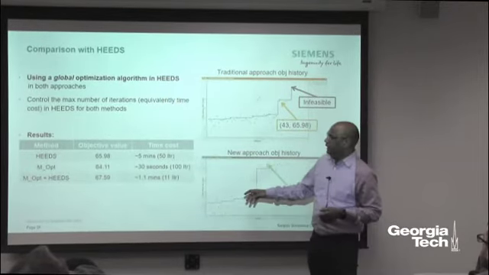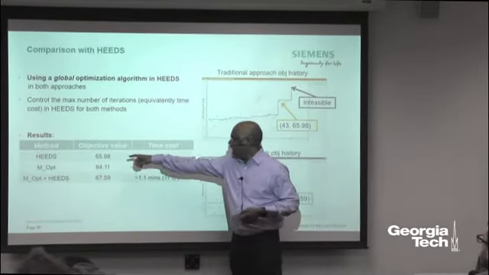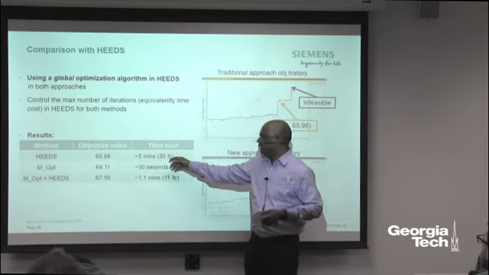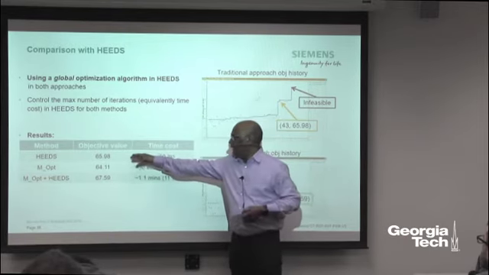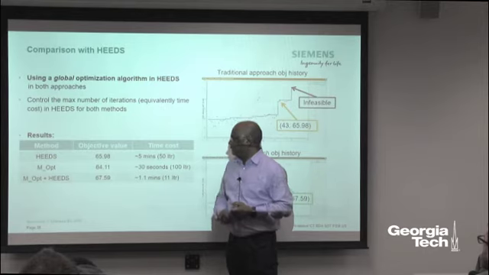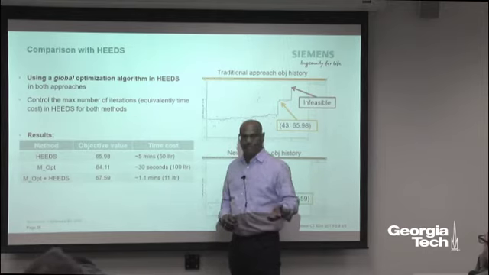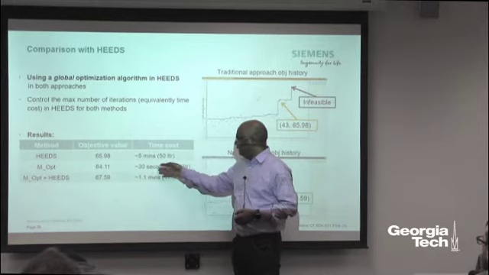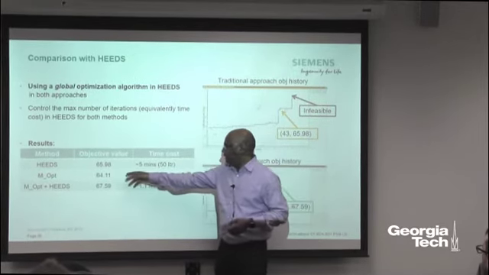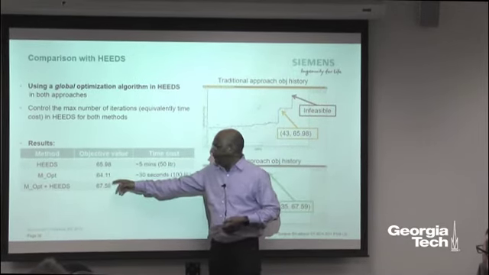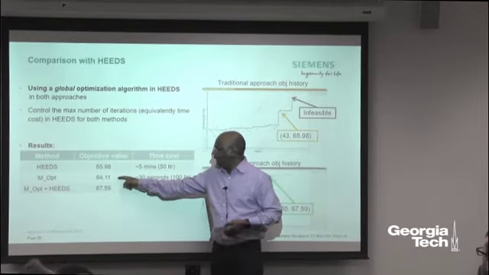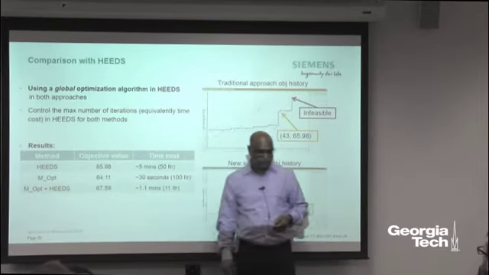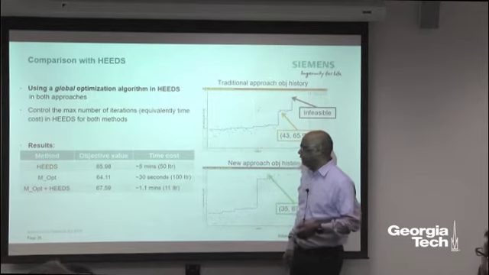What you see here is that in our method, first we ran Heat for 50 iterations, and what we were able to get as an efficiency value was 65.98. We applied our machine learning optimization approach. We ran about 100 iterations for 30 seconds. What we got is still pretty far. But then we took this design point as an input and provided it to the Heat software.